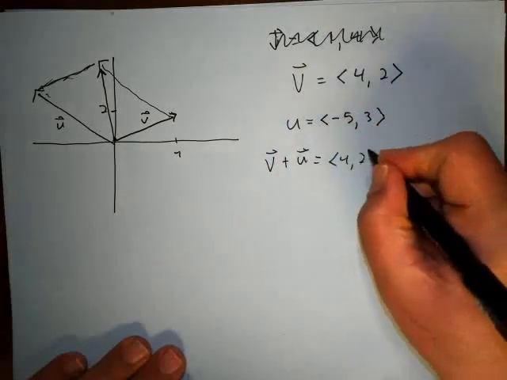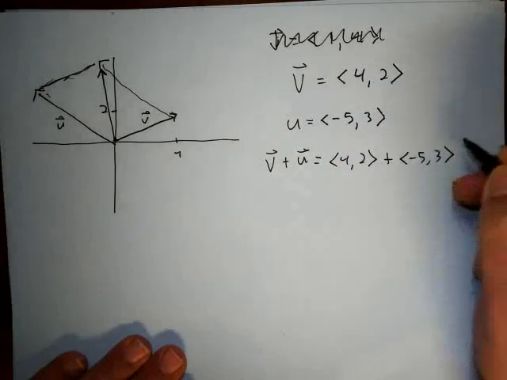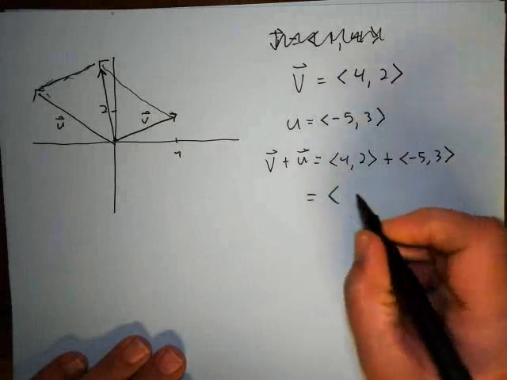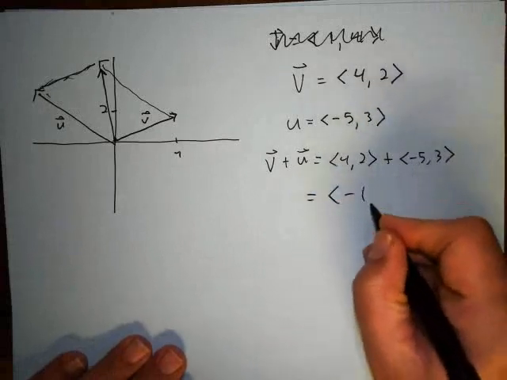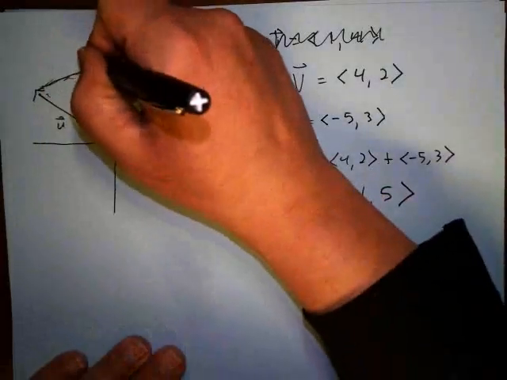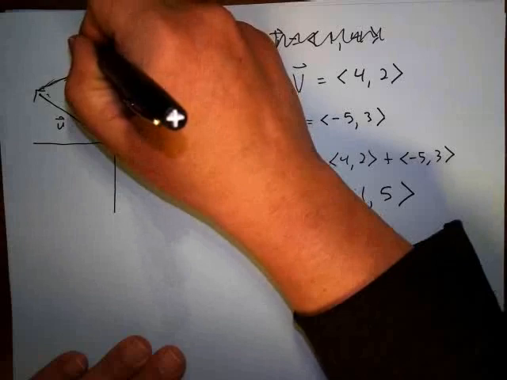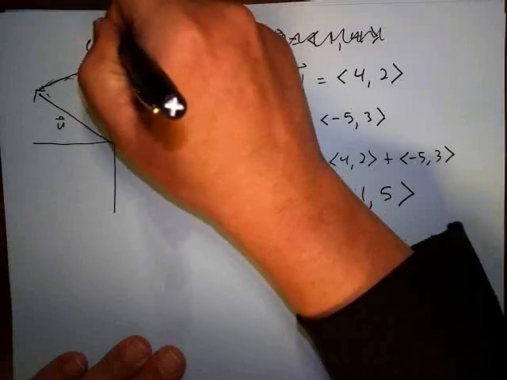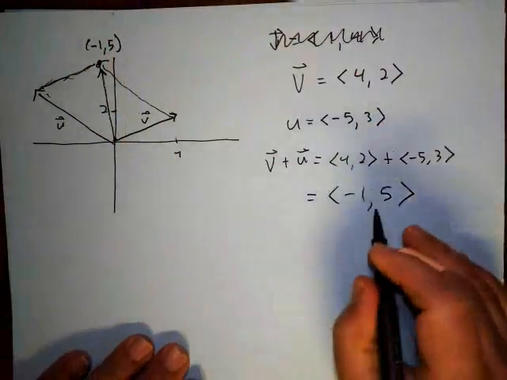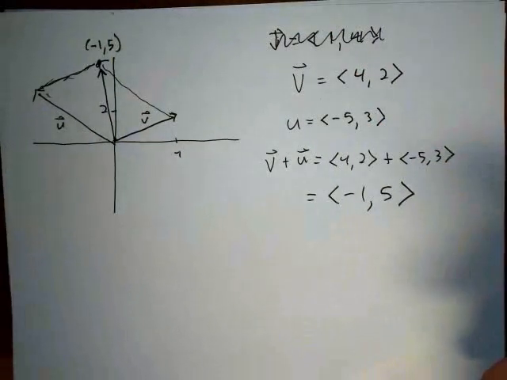Okay, of 4, 2 plus negative 5, 3, and 4 plus negative 5 is negative 1, 2 plus 3 is 5, and that's this component here. This would be negative 1, 5. Okay, and so this is such a nice, easy way for adding two vectors.